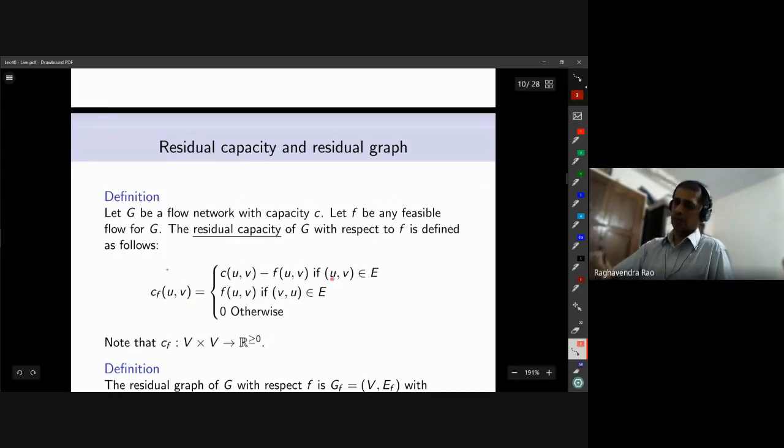One is there is an edge in the corresponding direction u to v. The other possibility is an edge in the opposite direction v to u. In that case, the assignment is the flow itself. In the first case, the assignment is capacity minus flow.